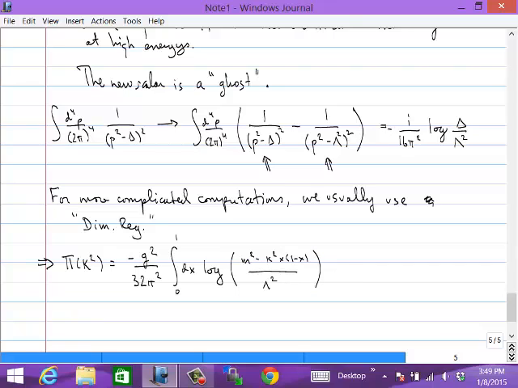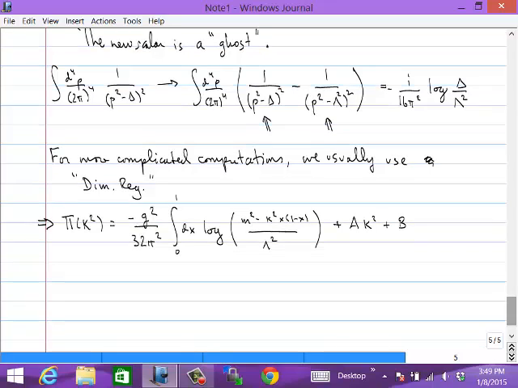And then we have these two other terms coming from the wave function and the mass renormalization. And now all we need to do is determine A and B by imposing our physical condition.